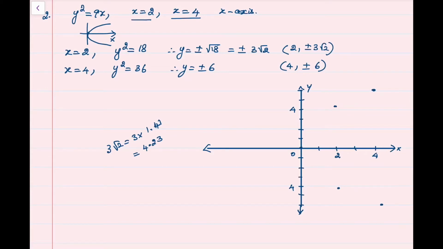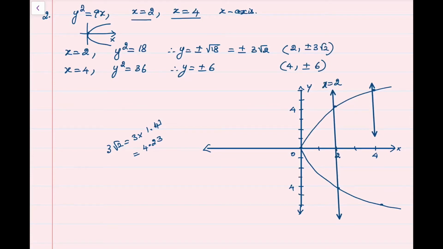We know that this parabola is right side parabola and the vertex is at the origin. Let us join these 5 points. This is the parabola. This is x is equal to 2 and this is x is equal to 4 line. Now we have to shade the region in the first quadrant.